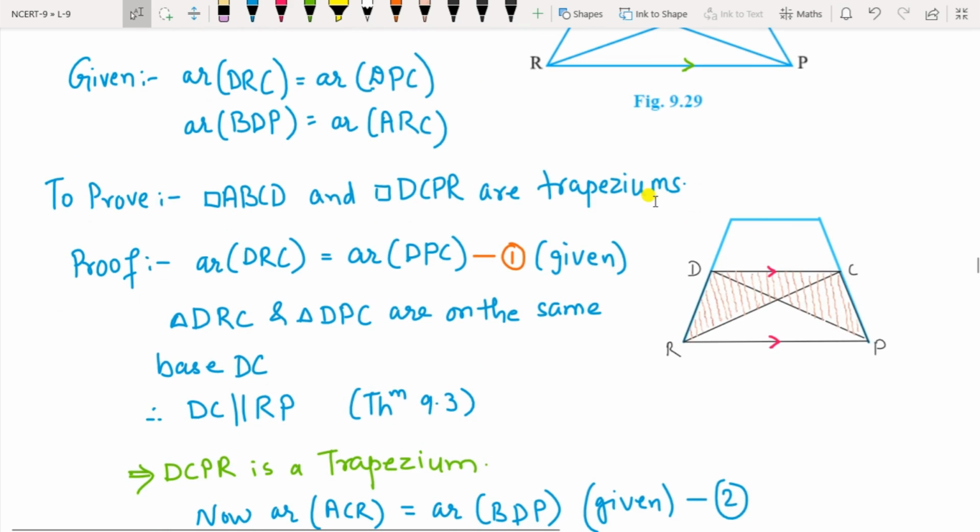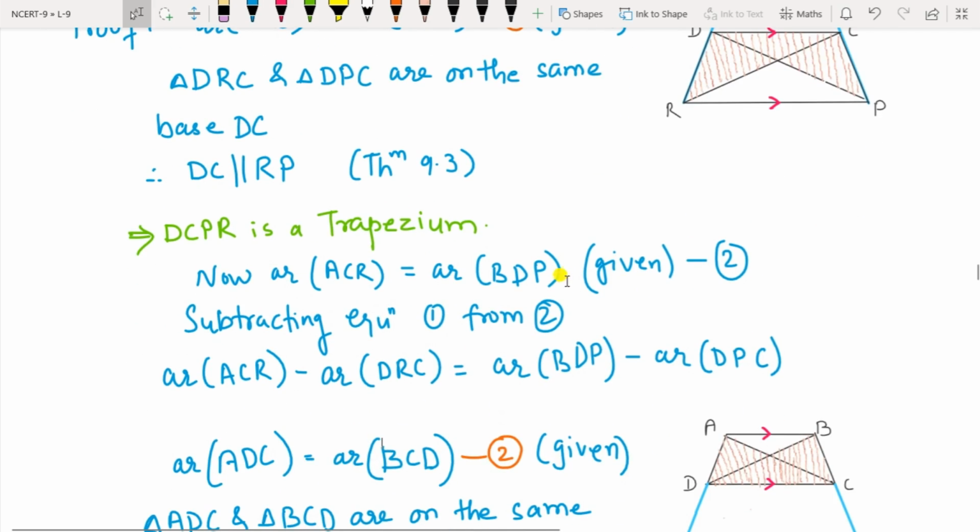So this is given and this is to be proved. So first thing is DRC is equal to DPC, that is equation 1, that is given. Since both these triangles' areas are equal and they are on the same base CD, therefore they will lie between the same parallel lines. Therefore DC is parallel to PR or RP from theorem 9.3. Therefore since the opposite sides are parallel to each other, DCPR is a trapezium.